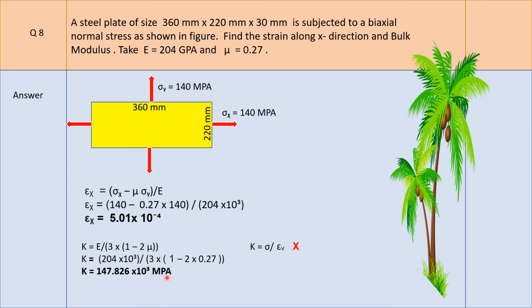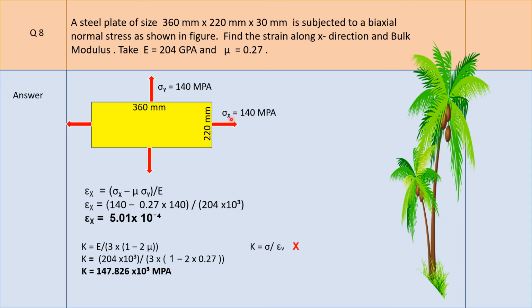Now here few students, what they do is, for a biaxial stress system they calculate change in volume, and then they use the formula K is equal to sigma divided by volumetric strain. But let me tell you, you cannot use this formula here. Why? Because when you use this formula, this stress sigma has to act on all the three axes.